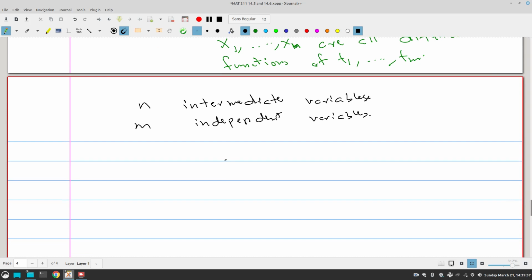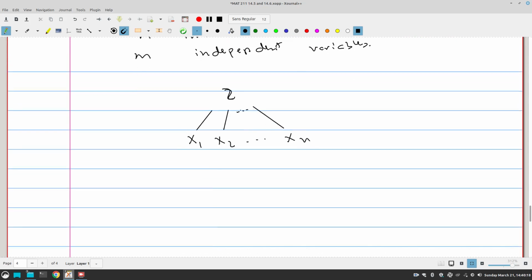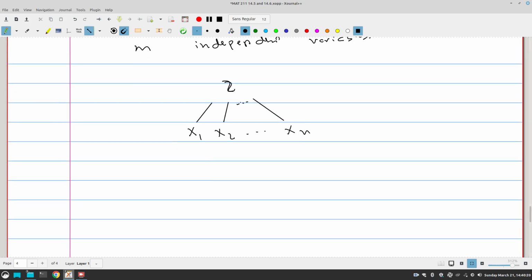Let's draw a diagram for this. You have z, and from there you have x1, x2, and so on. So you have x1, x2, xn intermediate variables.